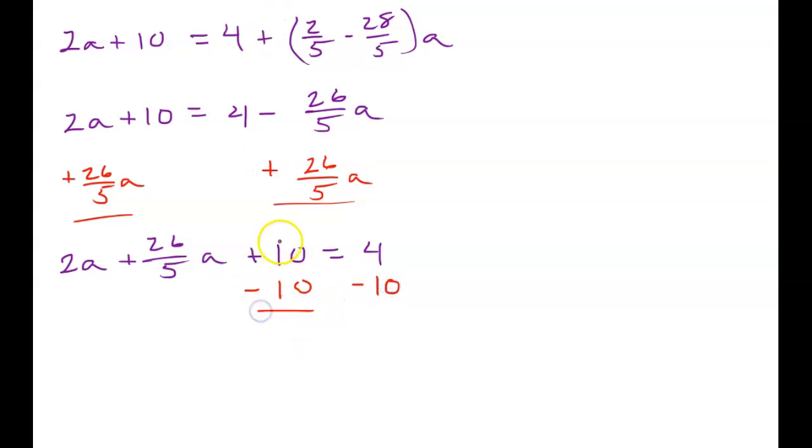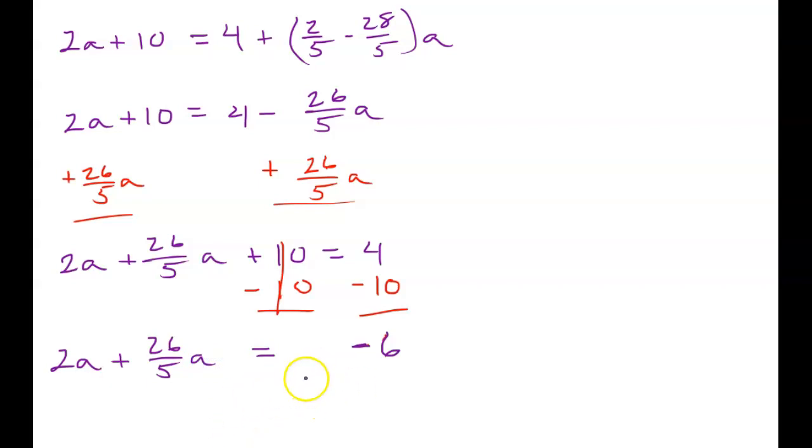So that's just 0, and this becomes -6. -6 equals 2a plus 26/5 a.